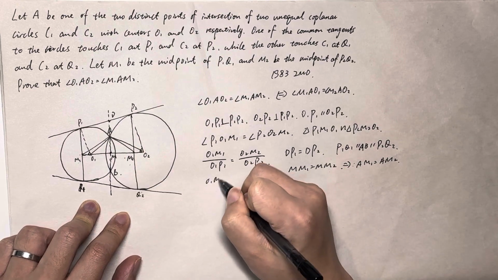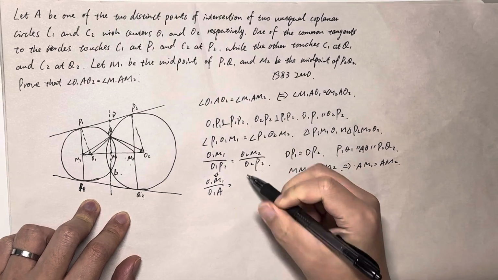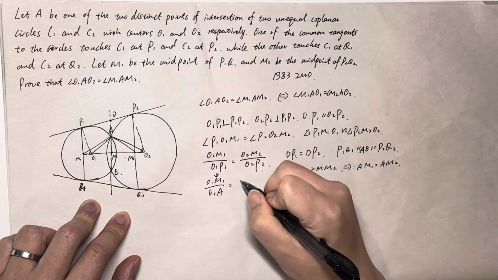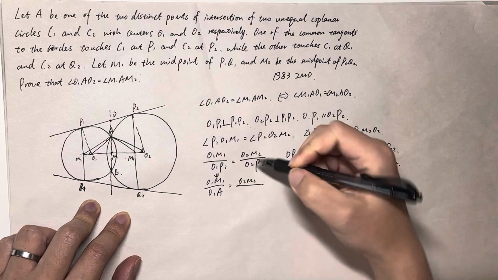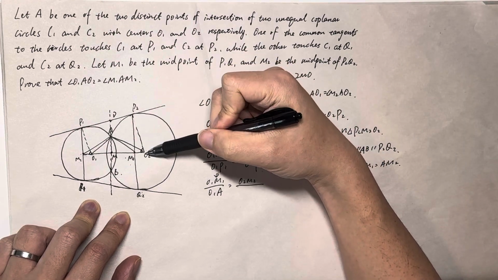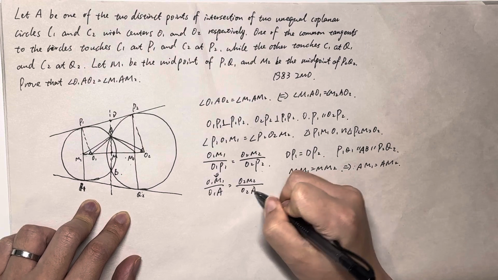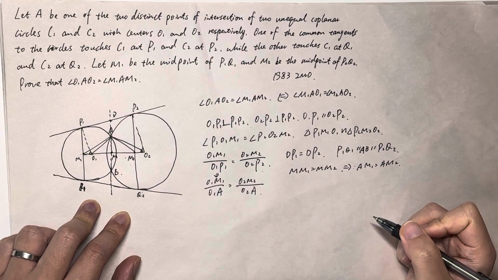So O1M1 to O1A equals O2M2 to O2P2, and O2P2 equals O2A.